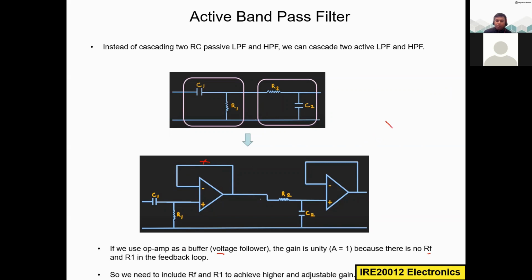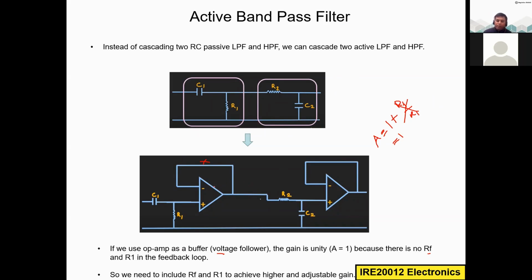What is the formula? 1 plus RF divided by R1. This is the voltage gain of the non-inverting amplifier. If I do not use RF and R1, then the gain is just unity. So how is this component helping this circuit? It is helping to just isolate these two sections, but there is no amplification.